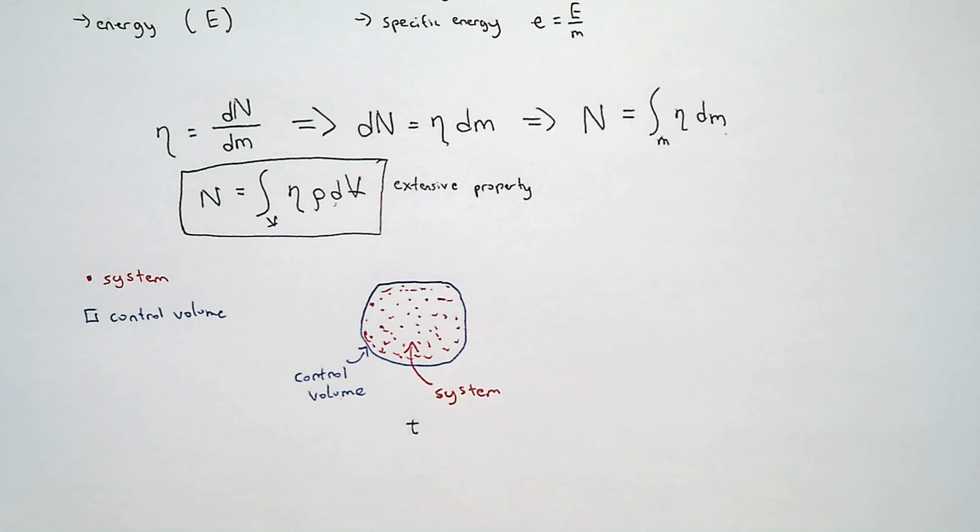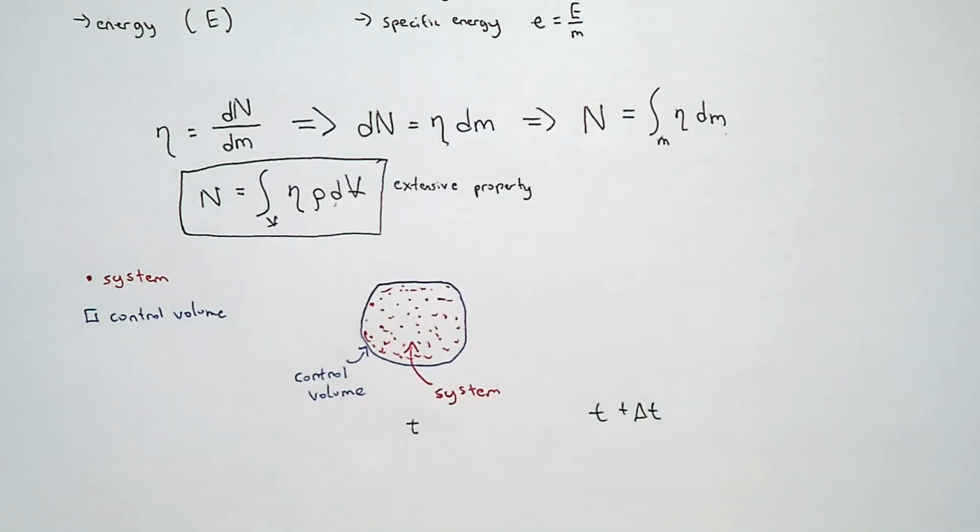I'm studying a fixed amount of fluid particles, and the control volume covers just those particles. So at time t, the fluid in my system and the fluid in my control volume are exactly the same. However, fluids move, or at least if we want the class to be fun, fluids have to move.